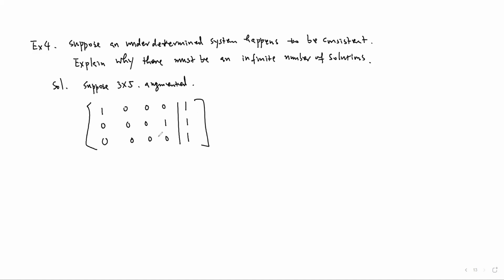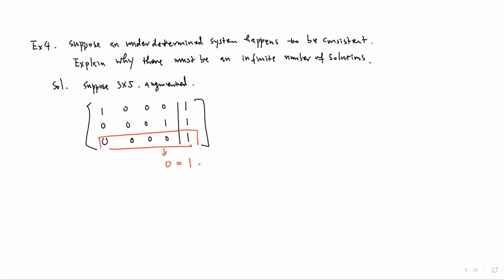This linear system has 3 equations, 4 unknowns, an underdetermined linear system. But this linear system has no solution because look at the bottom non-zero row. It means 0 is equal to 1, impossible. So an underdetermined linear system can have no solution.